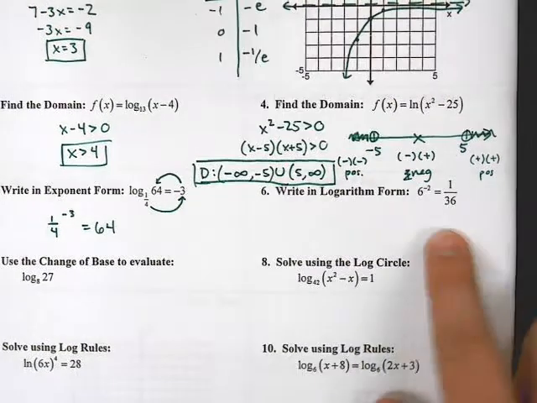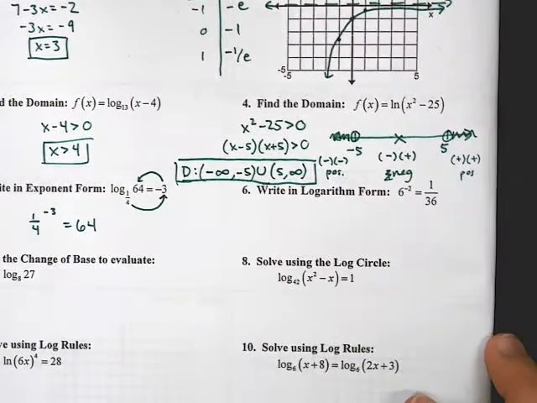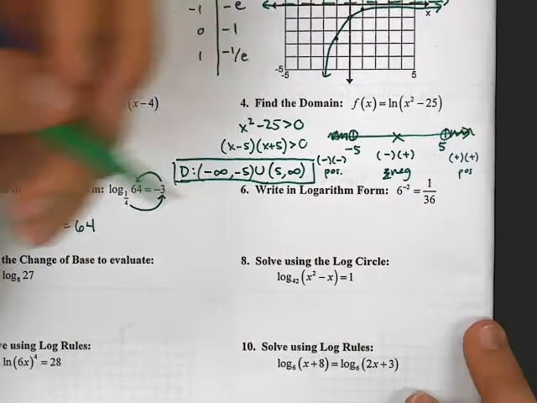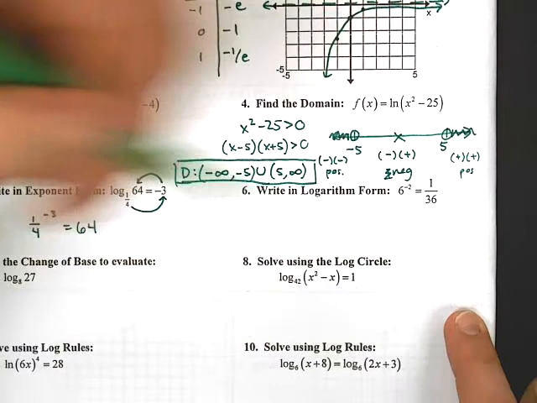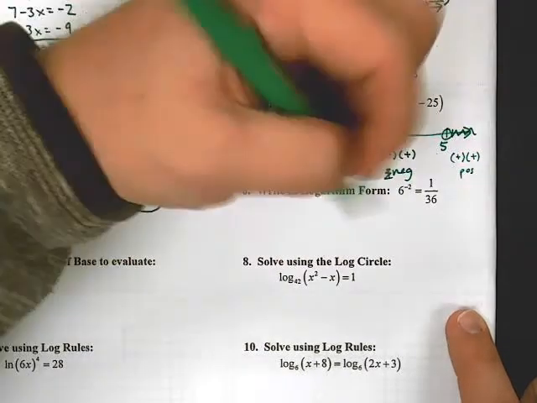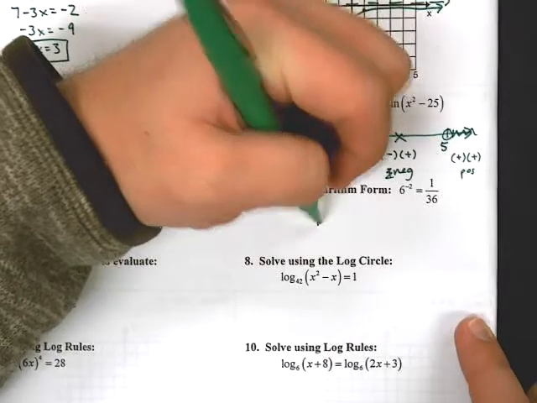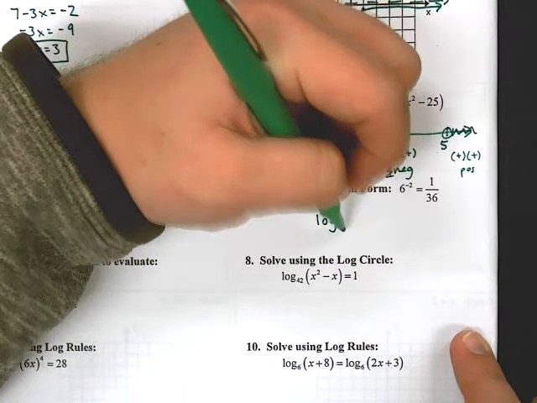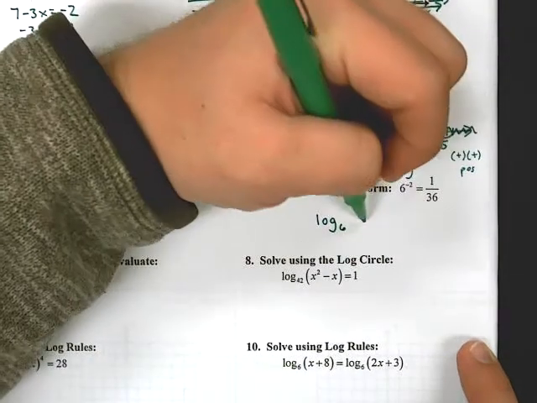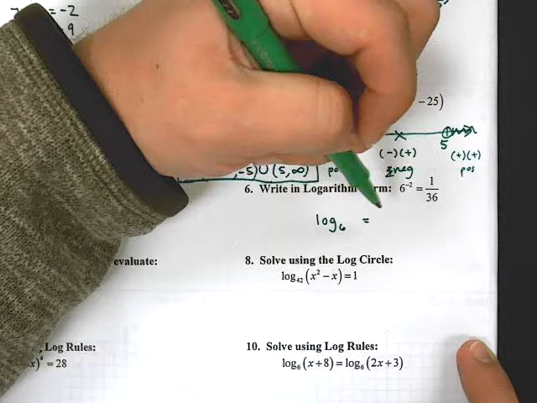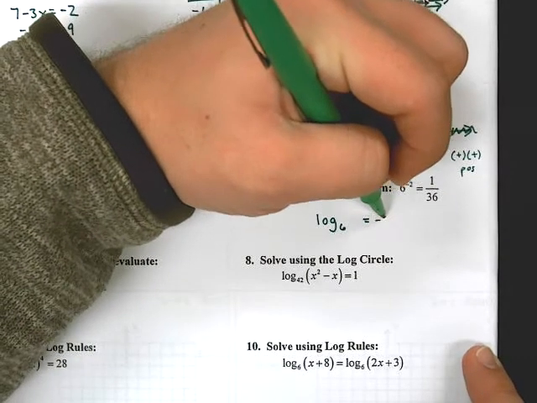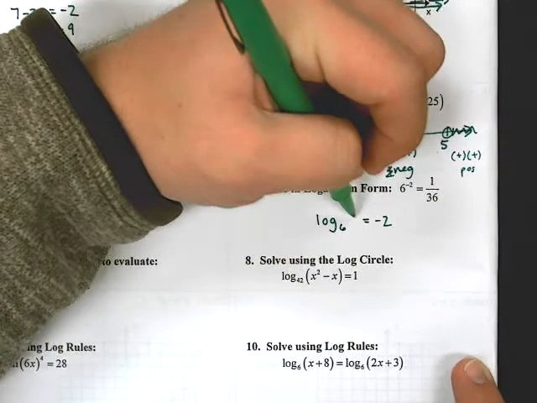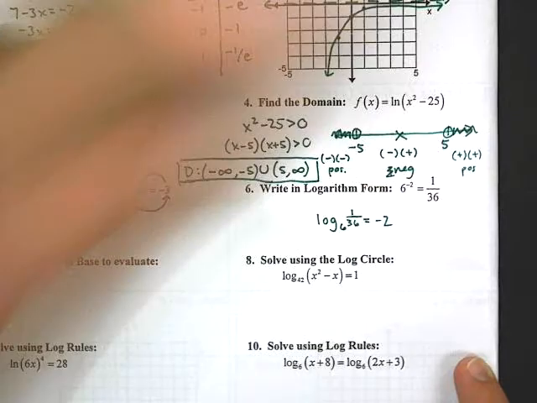Changing from exponential to logarithm form, you can do the same exact thing. The circle kind of works again. This time, however, we need to write it something like this, okay? So again, the base will stay, but the power goes over here, and then the argument goes right there.